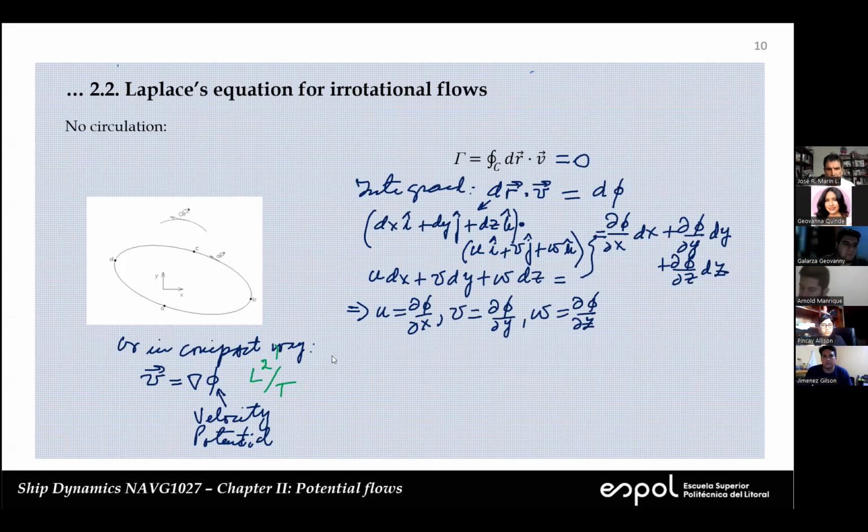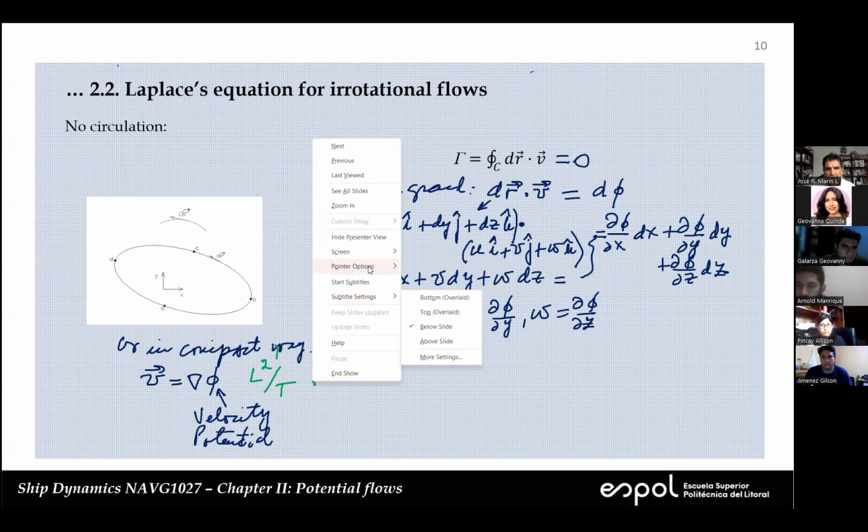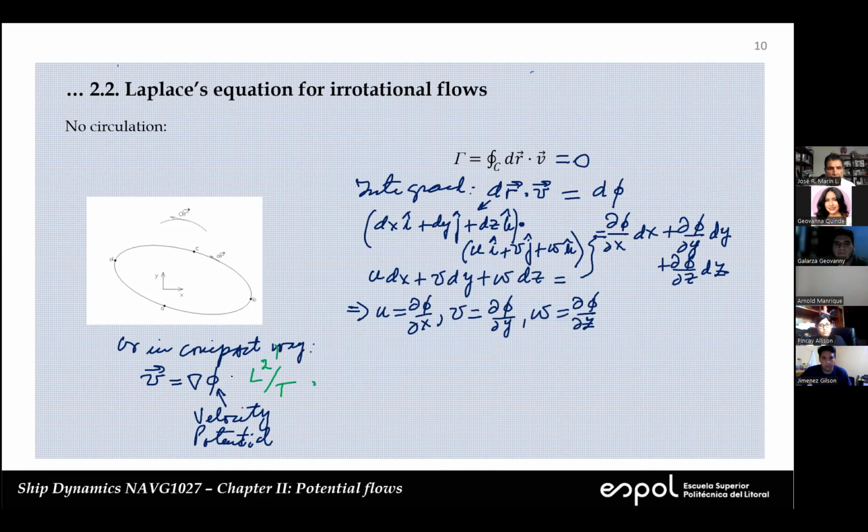Now, the title of this subchapter says that we're going to deduce Laplace's equation. So this will replace the velocity, but please keep in mind that this is specifically for cases where we have no circulation.